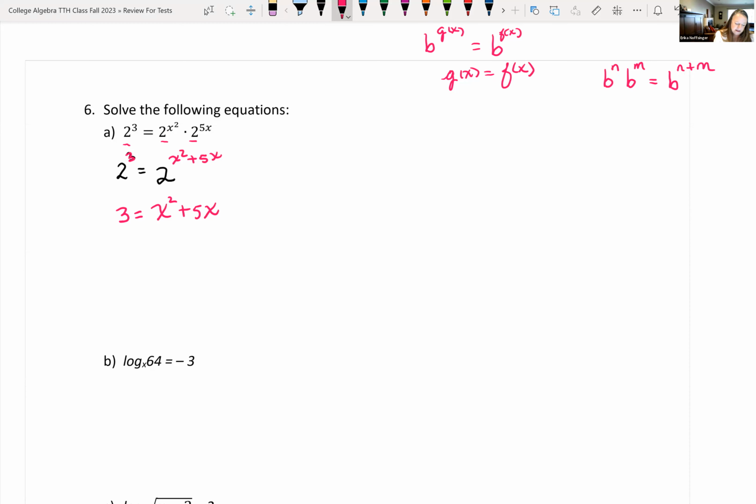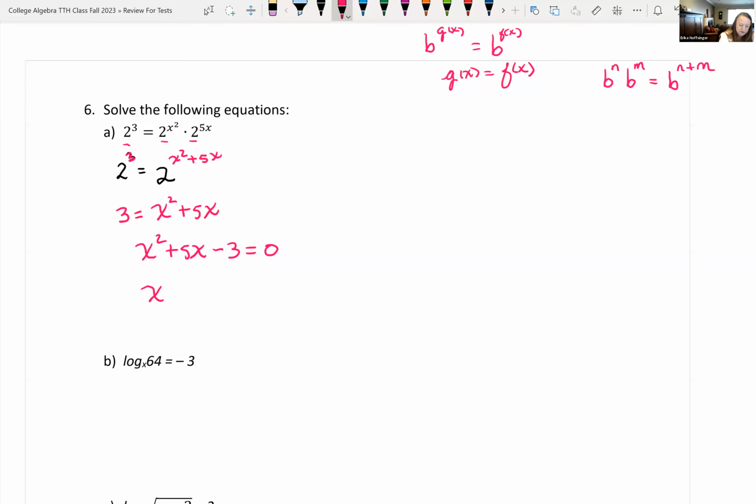Now looking at this, I would solve for x. So I could subtract 3 on both sides. So I get x squared plus 5x minus 3 equals 0. Unfortunately, I can't factor this, but I can use the quadratic formula.